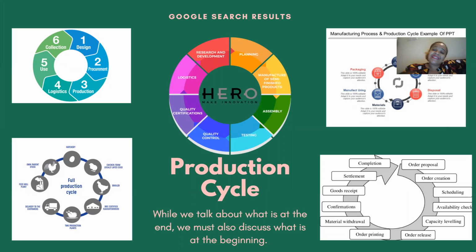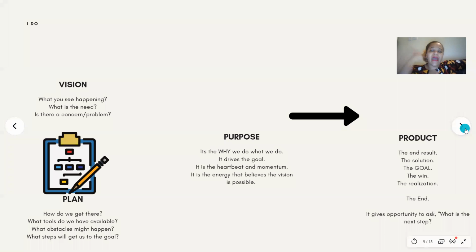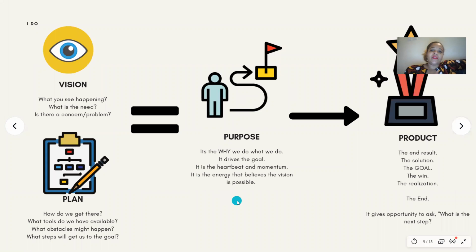That's how you go through the entire cycle. So let me break it down in a more systematic way. You must have a vision to get to the end product. Okay? Let's go ahead and break that down again.